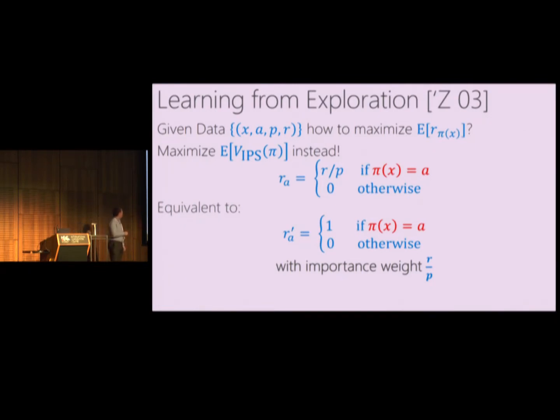If you look at this closely, you have one right action and a lot of wrong actions, which is exactly equivalent to multi-class classification. So this is just importance-weighted multi-class classification. This is a very simple approach that allows you to reduce contextual bandit learning to importance-weighted multi-class classification.